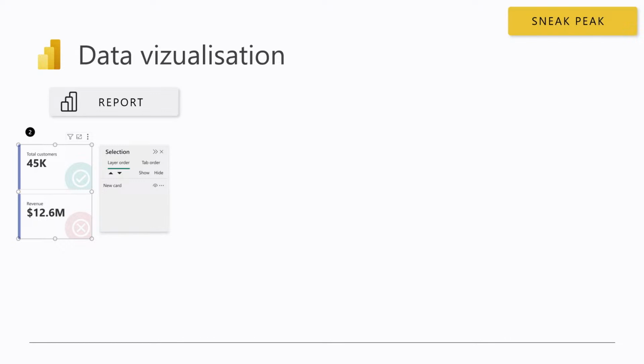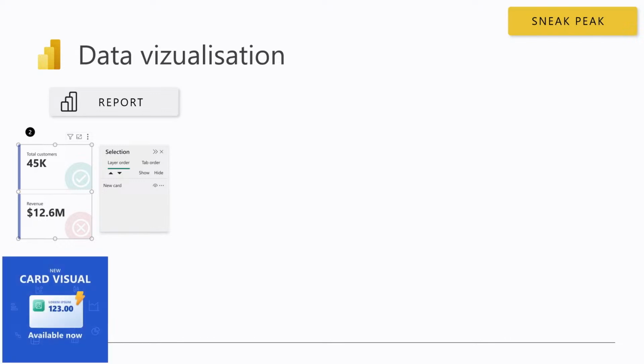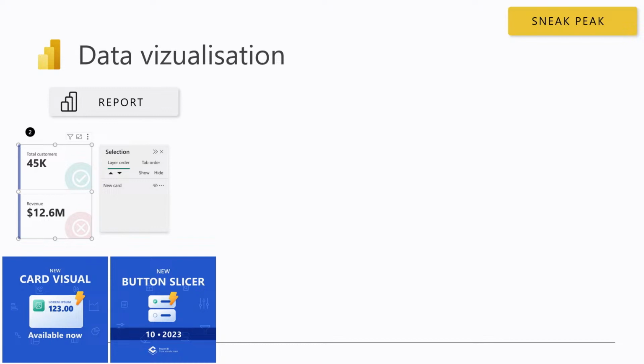It's not going to drain your report rendering to the same degree that it did before. So we get this new card visual, which is already available now, and it's still being developed, and more features will be added to this visual. Then we also got the news that there will be a new button slicer released in October.